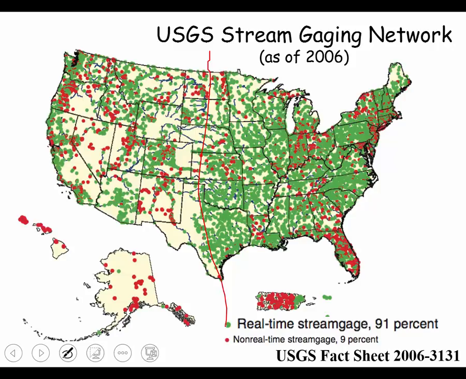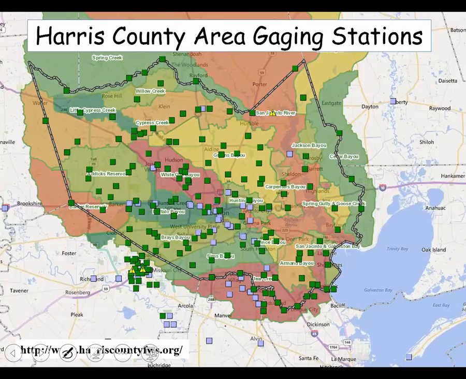So we can, right now, if I wanted to take the time, find out what the flow in Brays Bayou is within the last 15 minutes. Okay. Now, in Harris County, we've got even more, and the reason for that is we're very interested in local flooding.